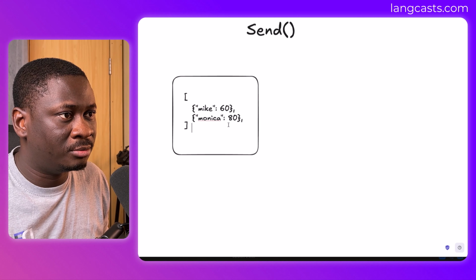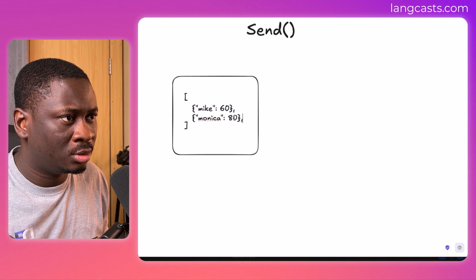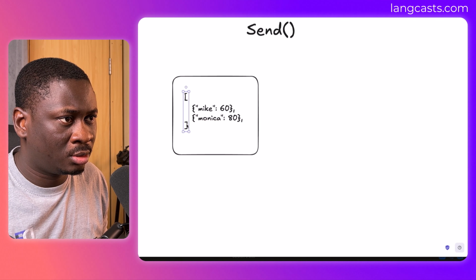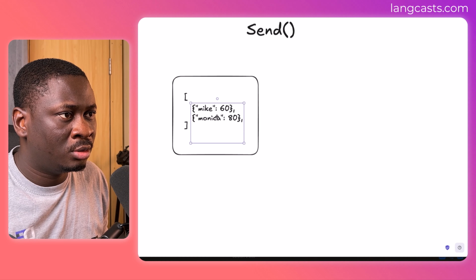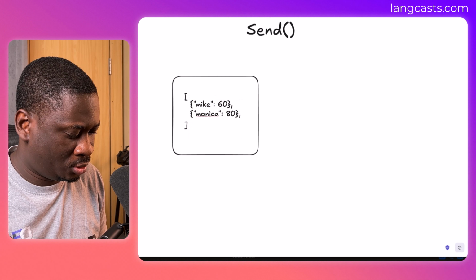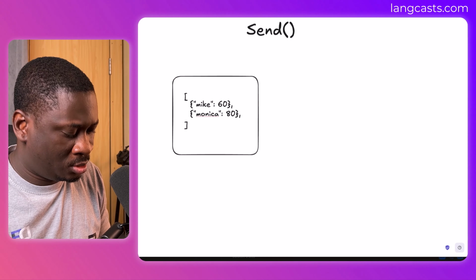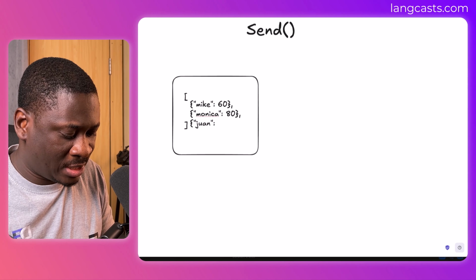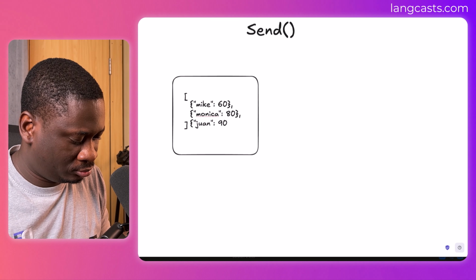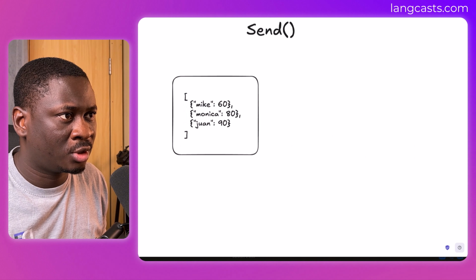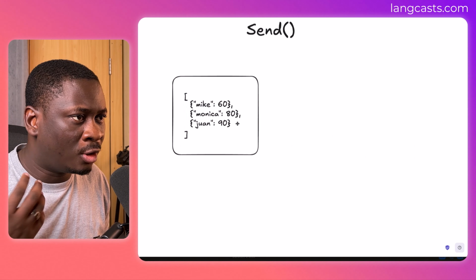Then you have Juan, who got 90. Okay, so you have a dictionary of student scores.